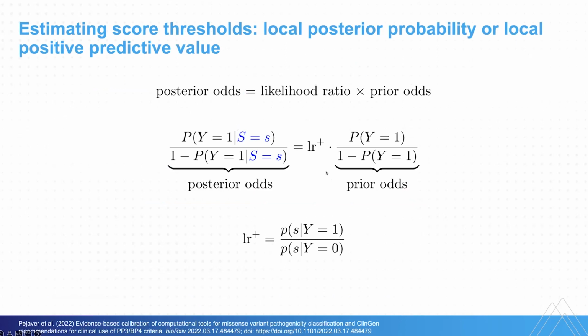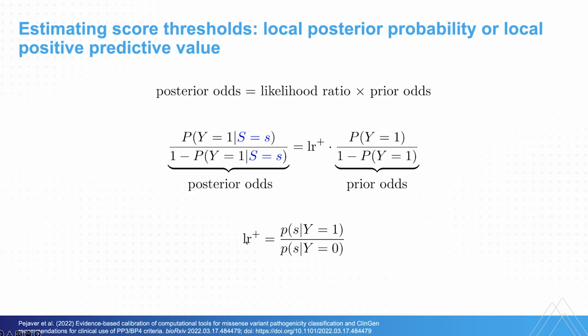At a fundamental level, instead of saying the posterior is the probability of a variant being pathogenic given the evidence from the predictor, we frame it as the probability that a variant is pathogenic given the score. So it's much more localized.